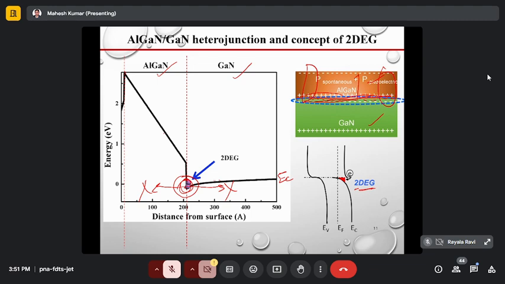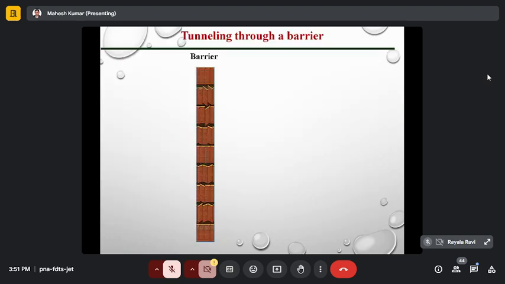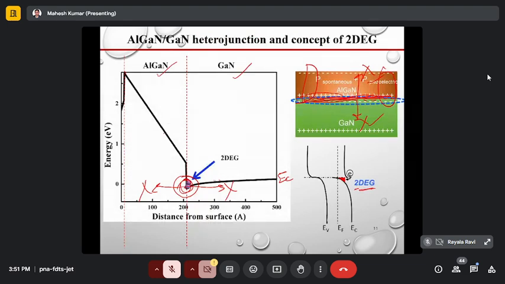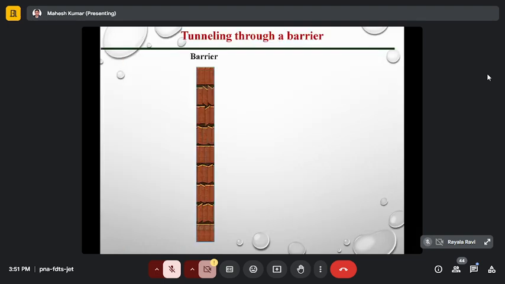They cannot move in this direction, but they are free to move at the interface. At the interface, we can deposit one source, another drain, and then we can make these high electron mobility transistors.